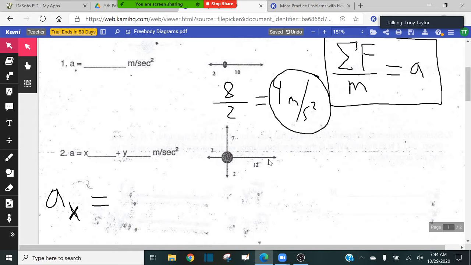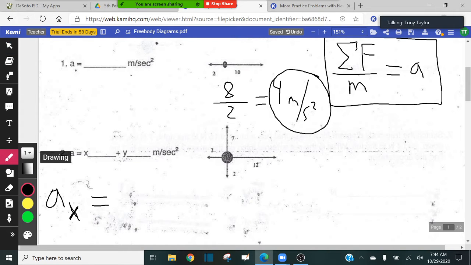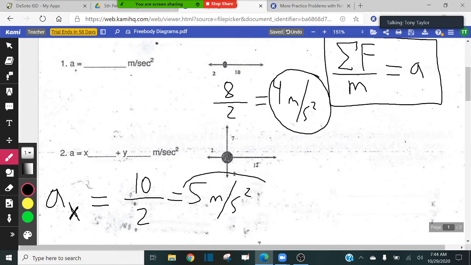When I combine those forces, I get positive 10. So I add up my forces in the x direction, and then I divide it by the object's mass, which is 2 kilograms. So 10 divided by 2 is equal to 5 meters per second squared. Okay. So that is my acceleration in the x direction.